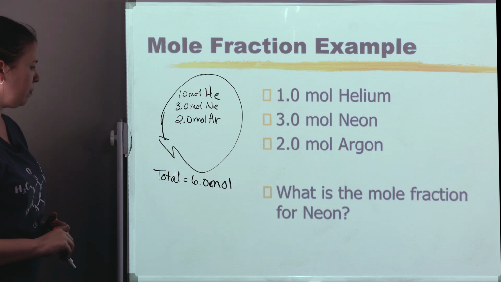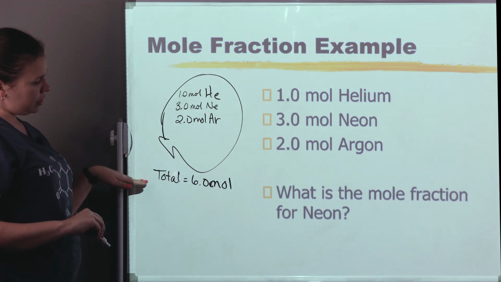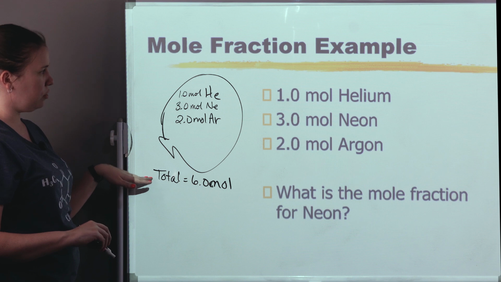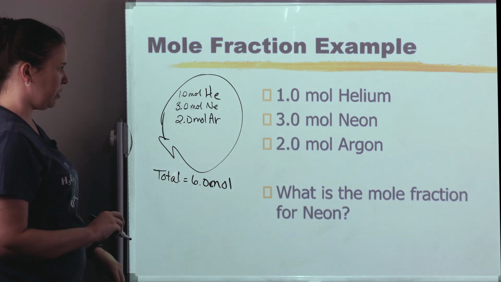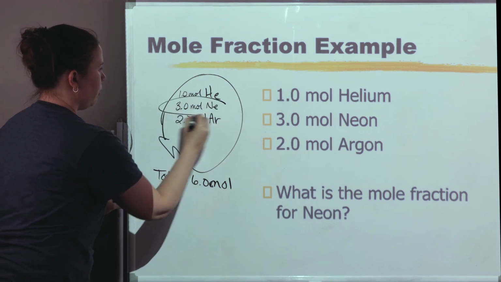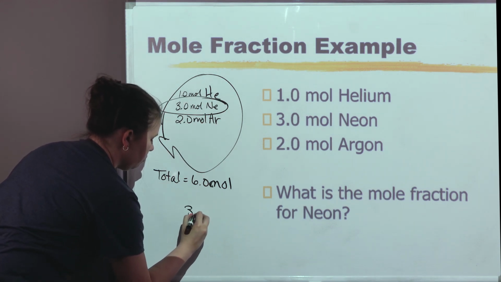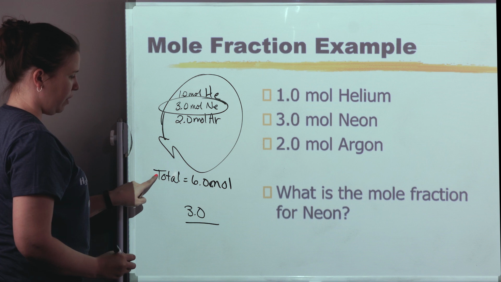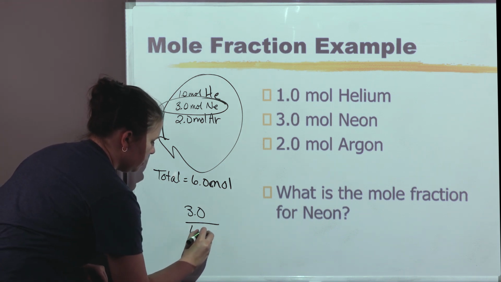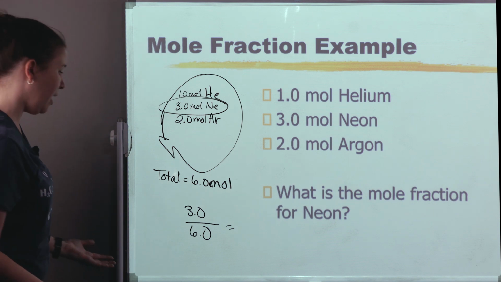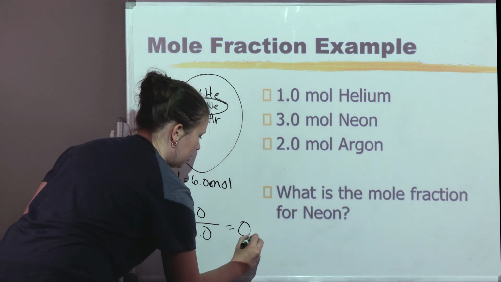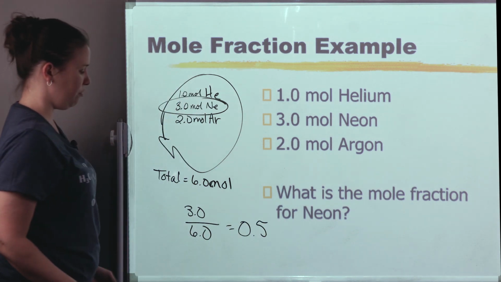Keep that 0.0. Okay, so if that's my total moles, I could find the mole fraction by taking any one part and dividing it by that 6. So we're being asked to find it for neon. Neon's part was the 3 moles, 3.0. And I'm going to divide that by the total, 6.0. So 3 divided by 6 is again a half, but we're going to keep it as a decimal, so 0.5.